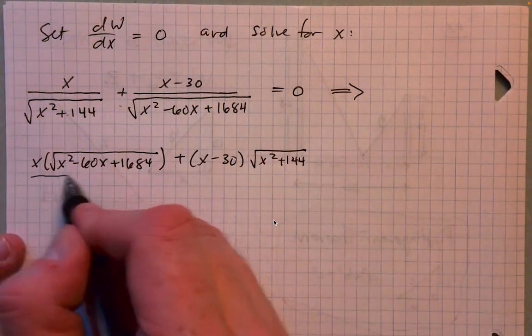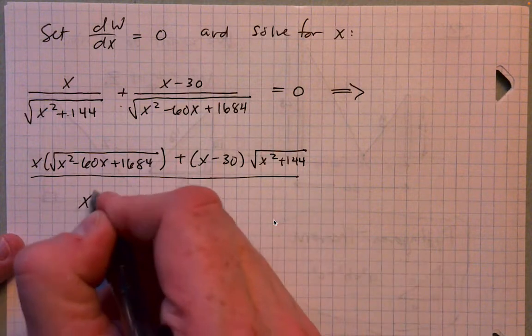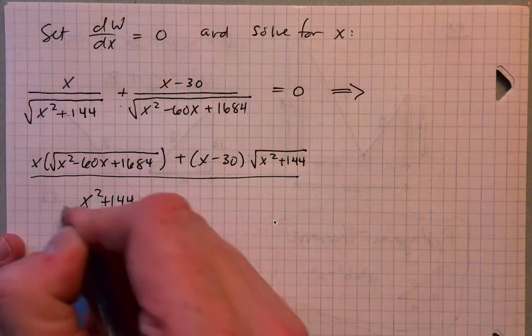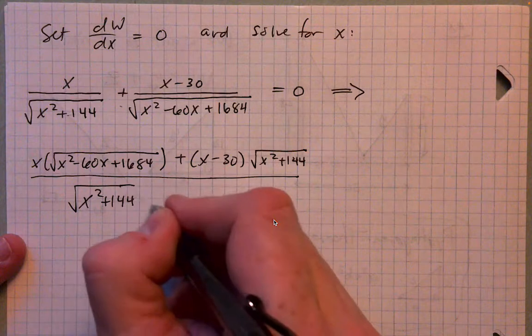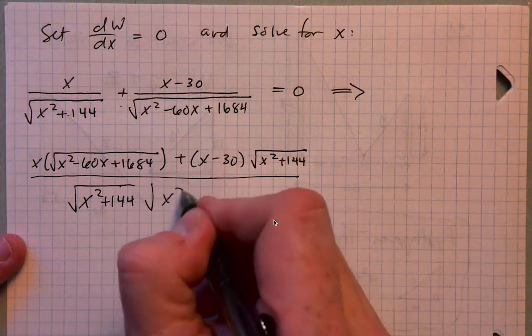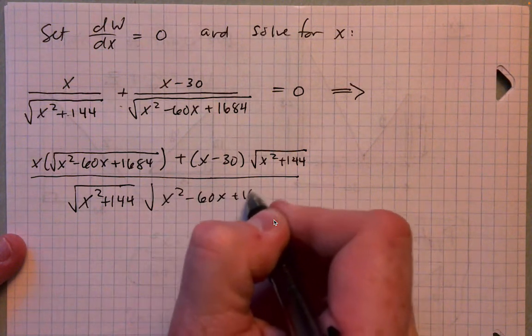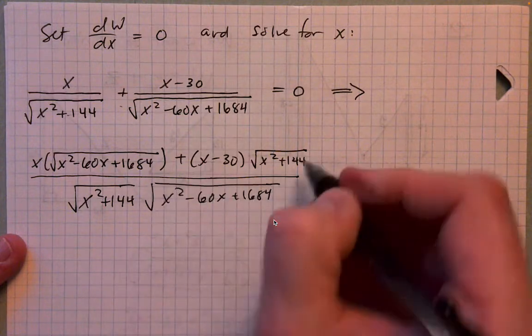And then the whole thing, of course, is over this, the square root of x squared plus 144 times the square root of x squared minus 60x plus 1684. And that's all equal to 0.